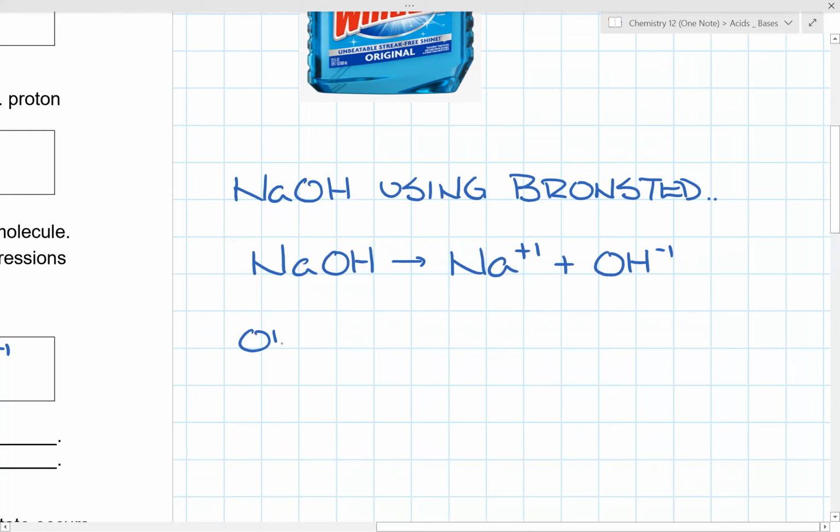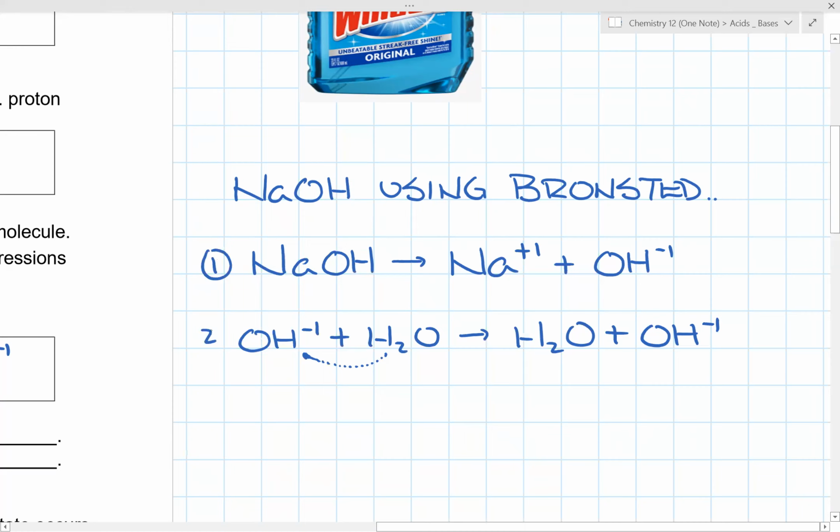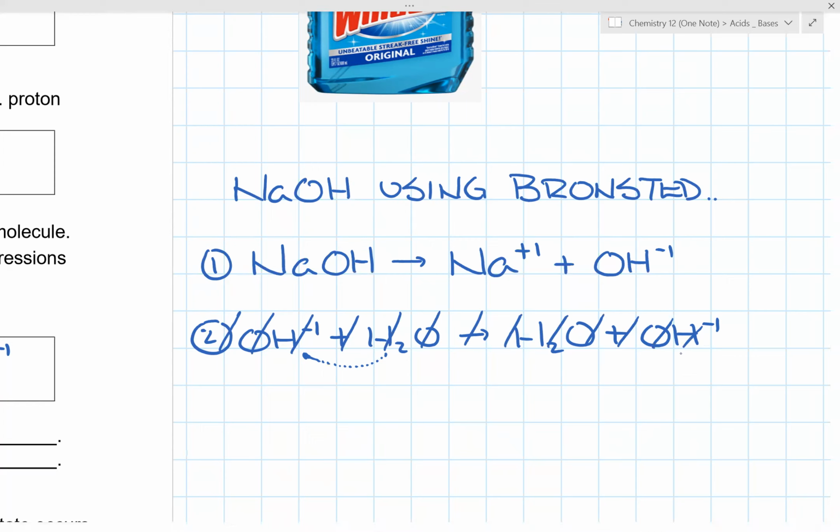And then the OH minus 1 will react with water, accepting a proton from water to give you water and OH minus 1. Now, you notice this second equation is kind of redundant. So a lot of times we omit this second equation and just say sodium hydroxide produces sodium ions and OH minus 1 for Bronsted-Lowry.